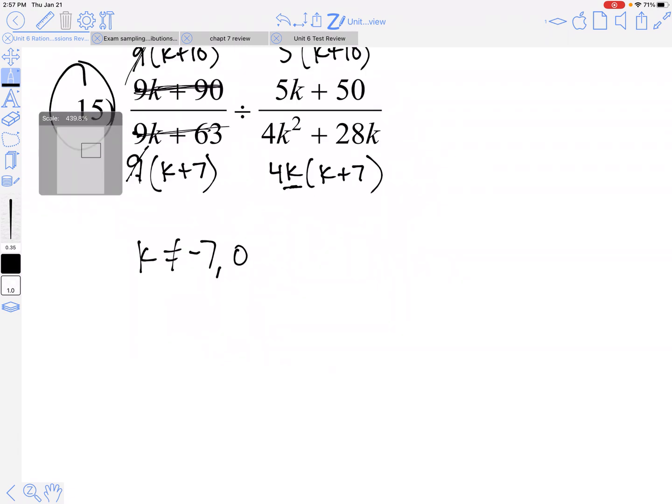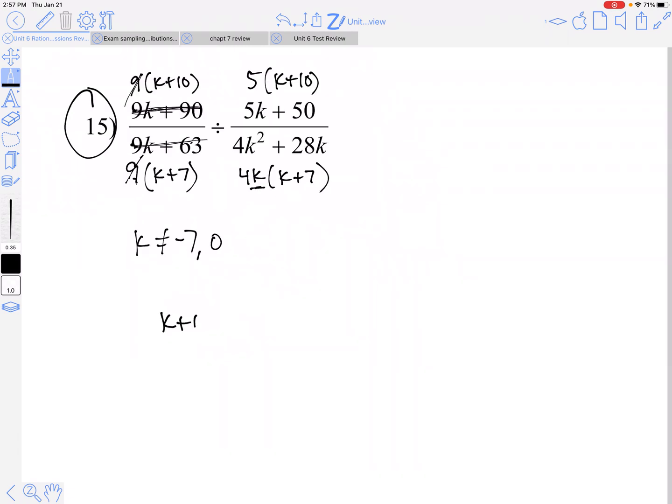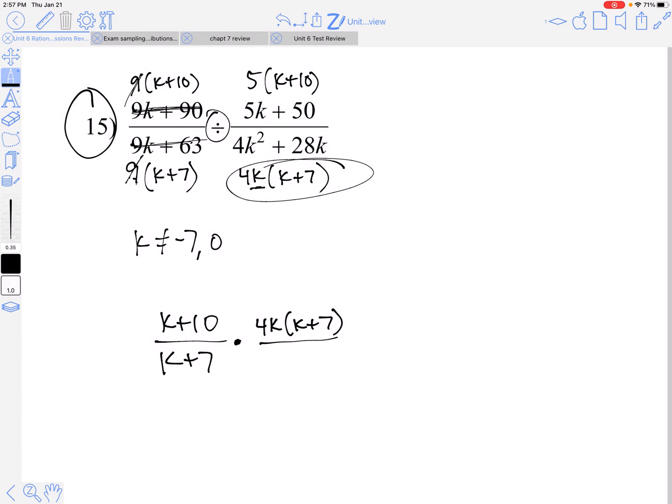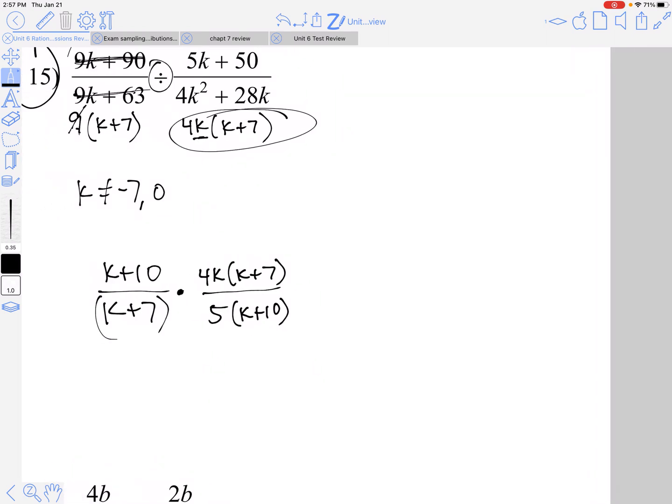So on the left now, I have k plus 10 divided by k plus 7. Now instead of dividing by a fraction, we learned multiply by the reciprocal when we're young, and we're going to do that. So the reciprocal is when you take the fraction and flip it, basically. So the numerator becomes the denominator, denominator becomes the numerator. Okay. All right. So now we're back to multiplication, and if you remember, you just multiply straight across.